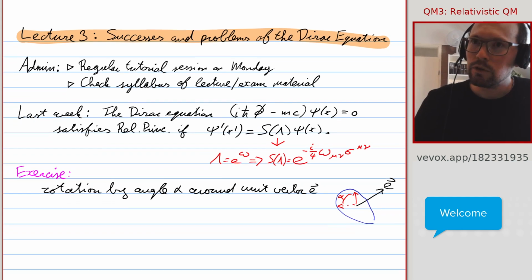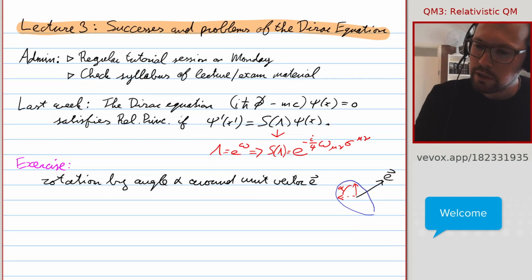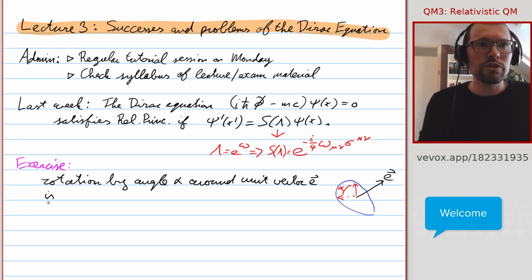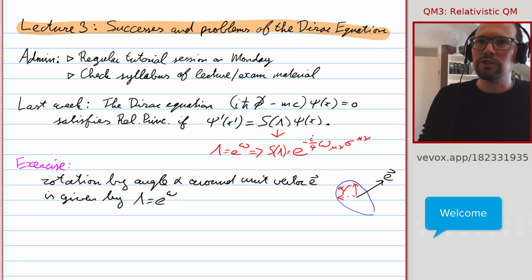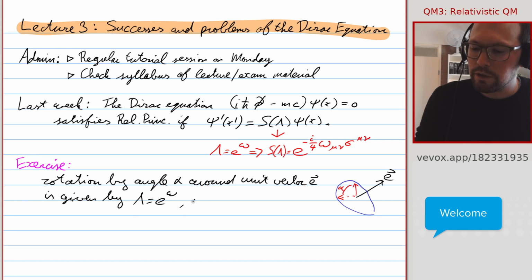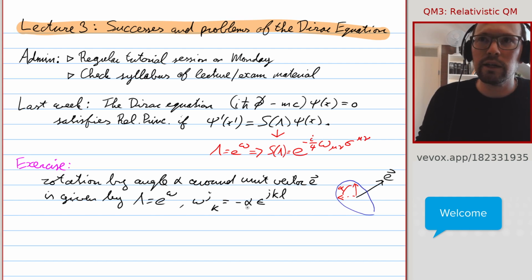So in particular, you're going to do this. This rotation as a Lorentz transformation lambda is given by one of these exponentials of a matrix omega, with omega given by the spatial components in this form. So it's linear in the angle alpha.